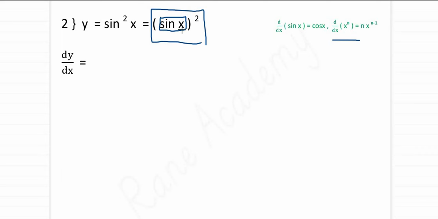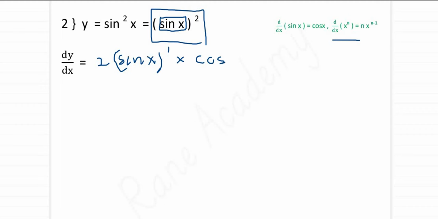So derivative of sin x square will be 2 sin x and the power will get reduced by 1, so 2 minus 1, that is 1. And here instead of x we have sin x, so we differentiate sin x. So derivative of sin x is cos x.